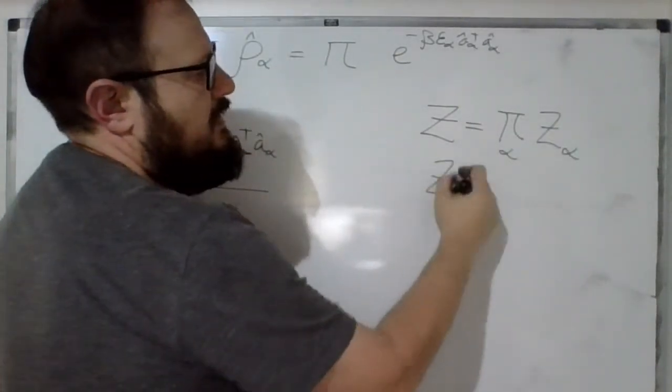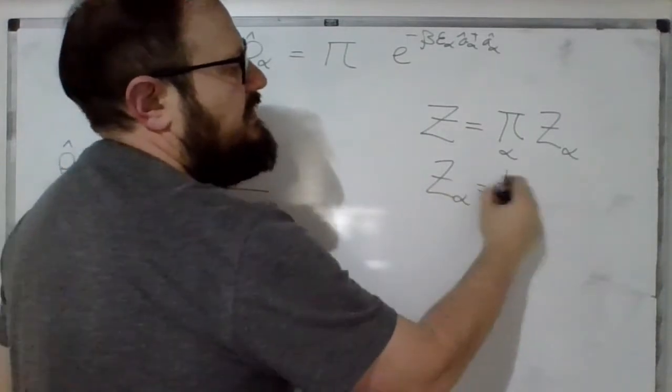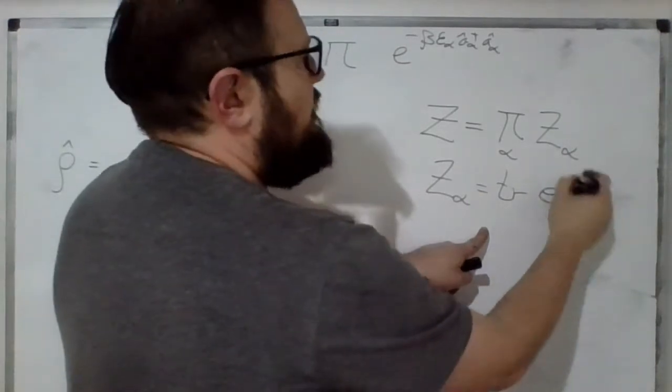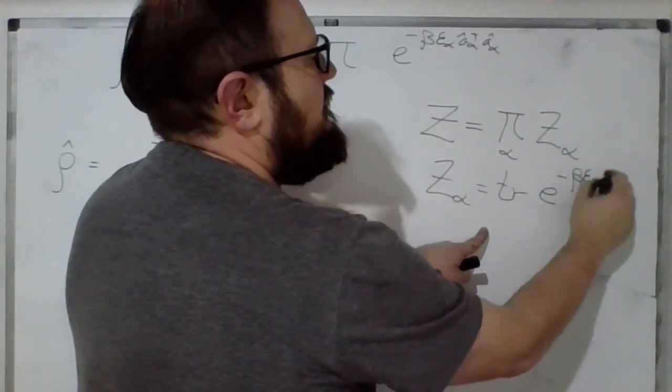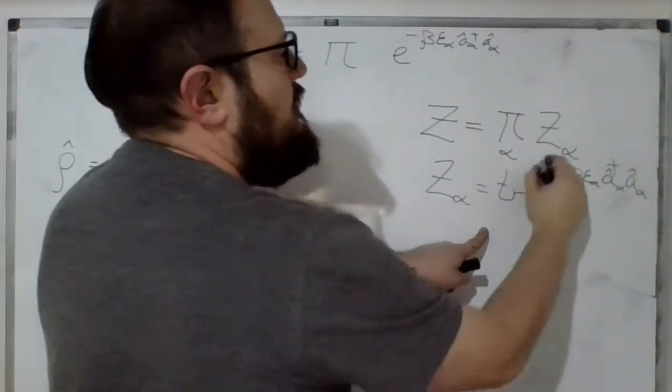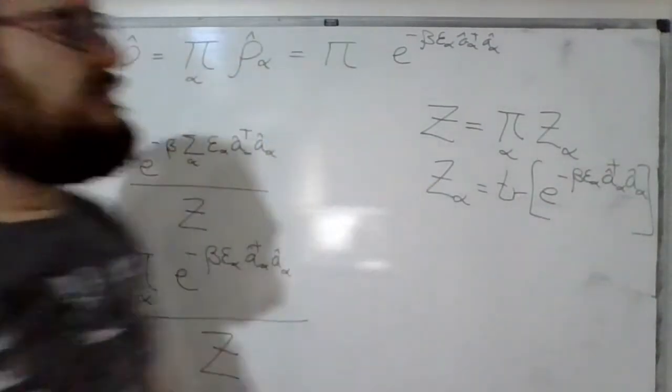The Z of a given alpha is just a partial trace over this object here. Okay, so this is the partition function.